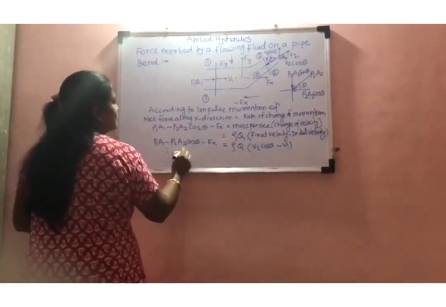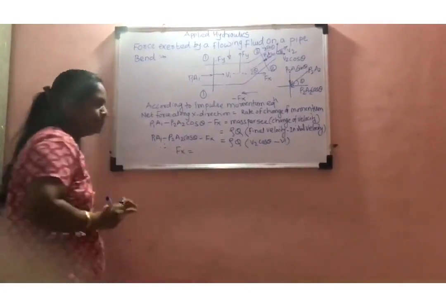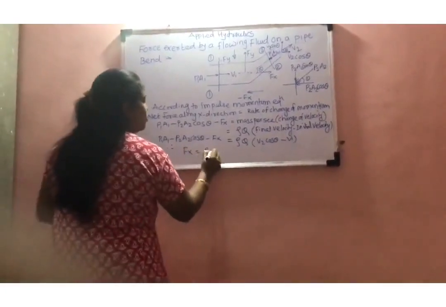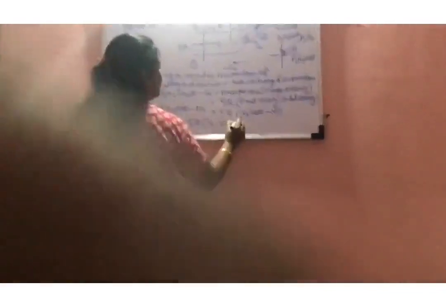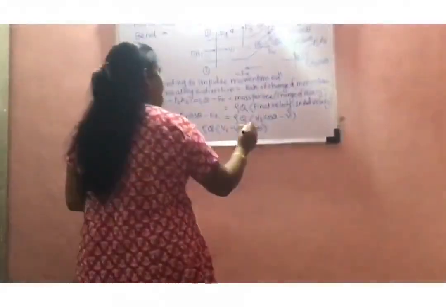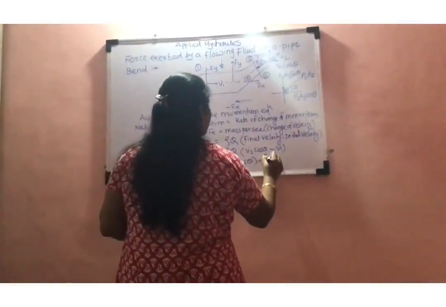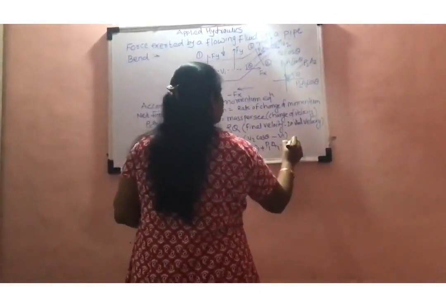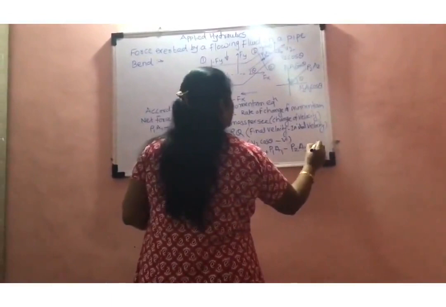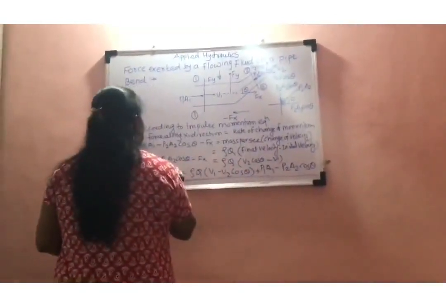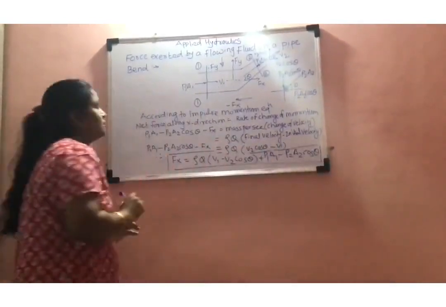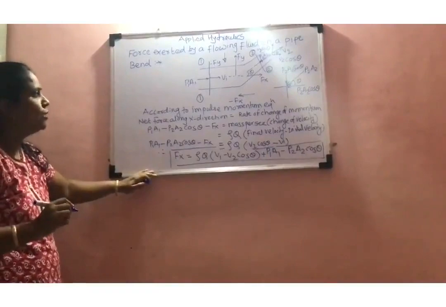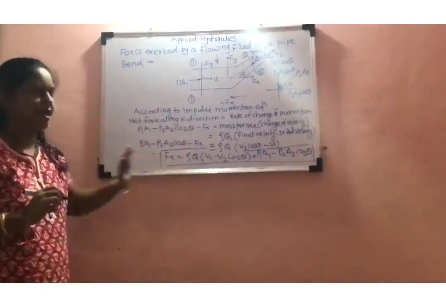So from this, Fx becomes rho Q (V1 minus V2 cos theta) plus P1 A1 minus P2 A2 cos theta. This will give you the horizontal force exerted by a flowing fluid on a bent pipe.